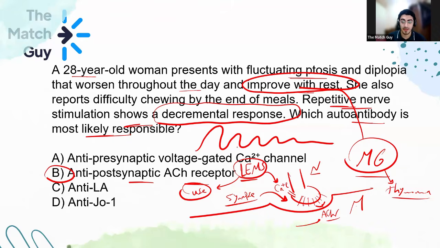All right. Since myasthenia gravis is associated with a tumor, Lambert-Eaton myasthenic syndrome will also be associated with a tumor. This tumor is a mass in the lung, in the center of the lung. This is small cell lung cancer. Okay.